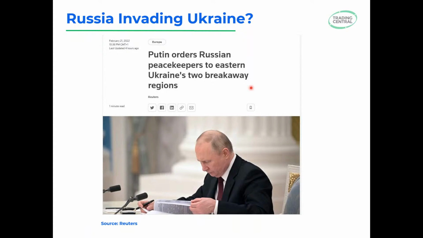Russia is going to peacekeep in Ukraine's eastern region, and the US is going to sanction the two regions, and there is no direct conflict with Russia, and also NATO has no direct conflict with Russia at the moment.